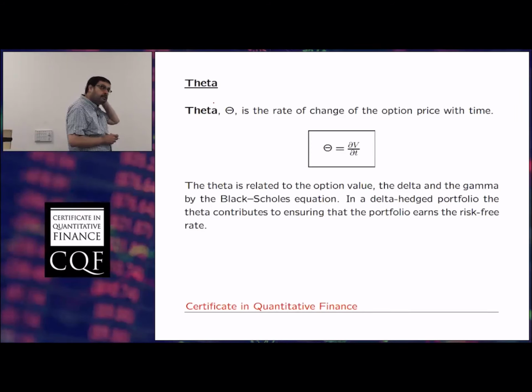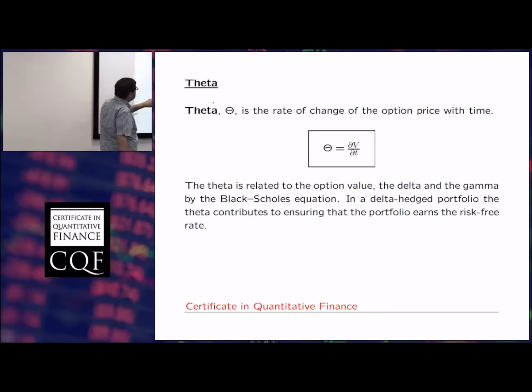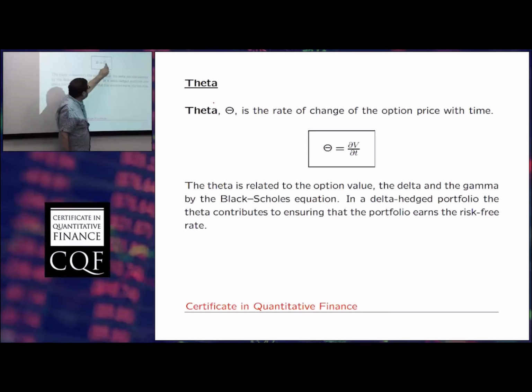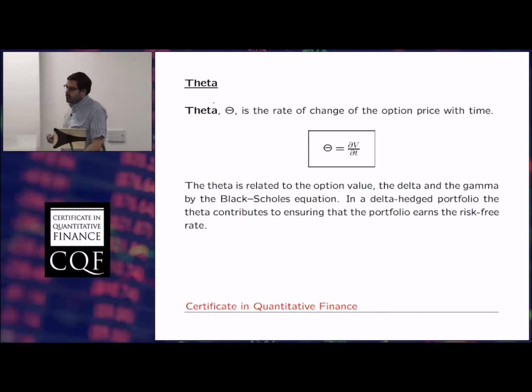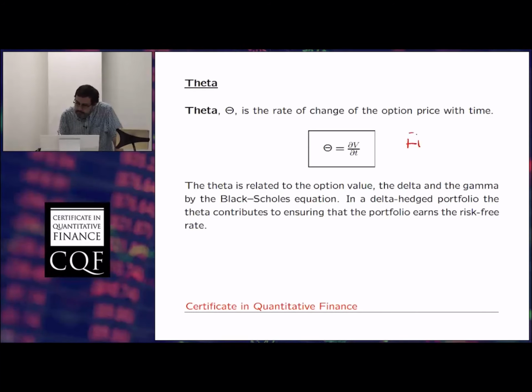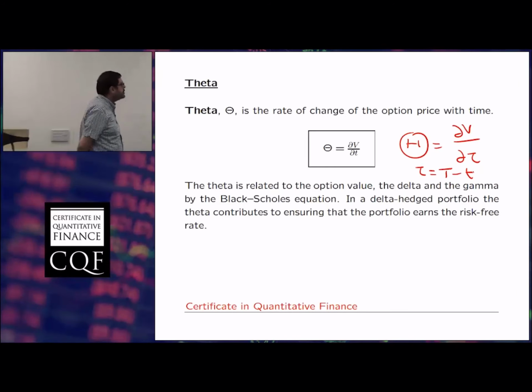Theta is the rate of change with respect to a change in 1 day. But normally what happens is that, again, t is not a very good measure. So more commonly what happens is that we tend to write this down in this form, when that decreases by 1 day.